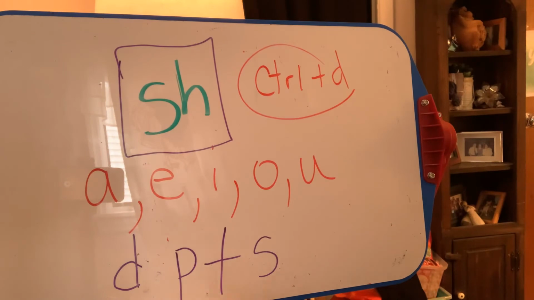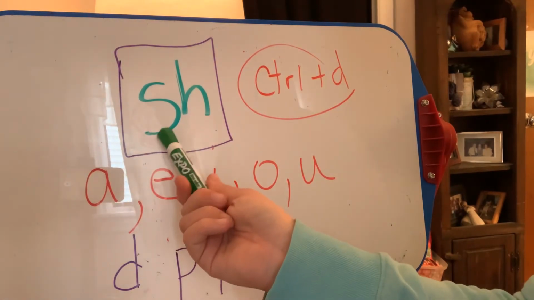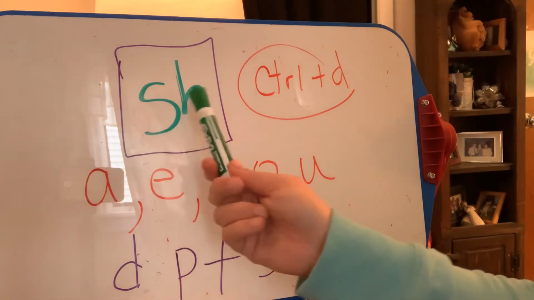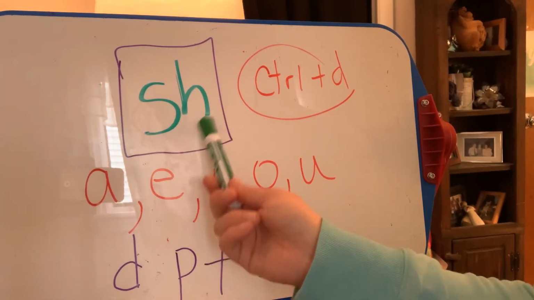So we're going to need to have the tile that has the S and the H together, not two separate S and then an H, but it should have S and H together.